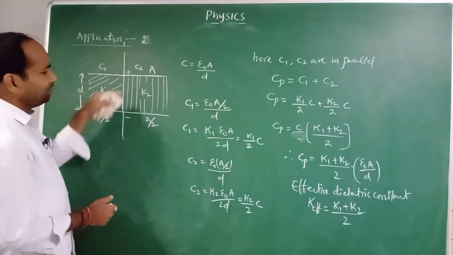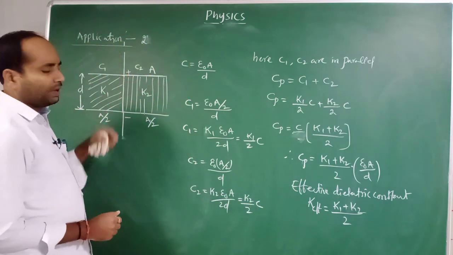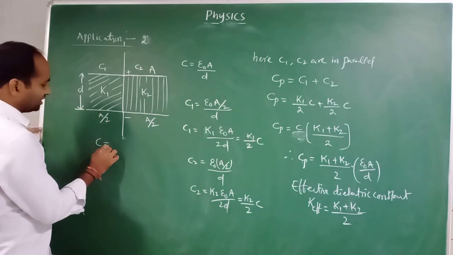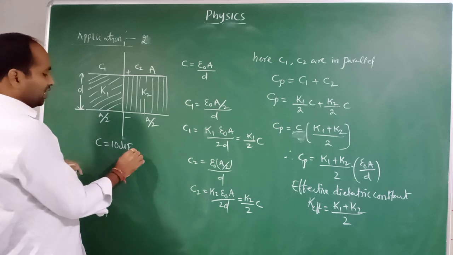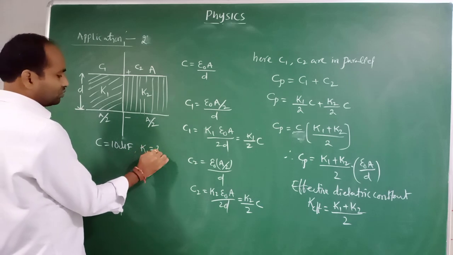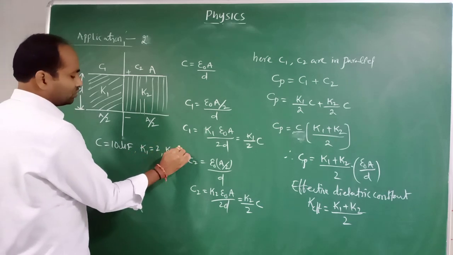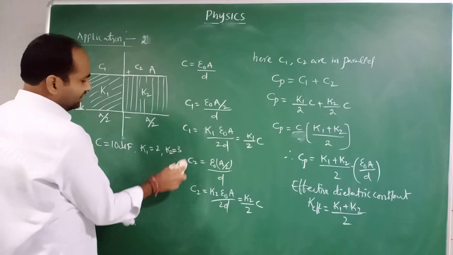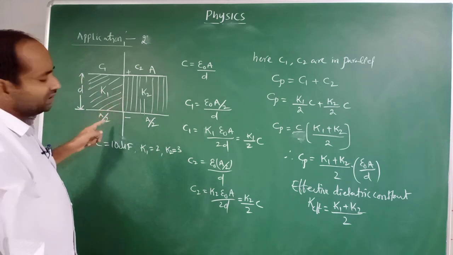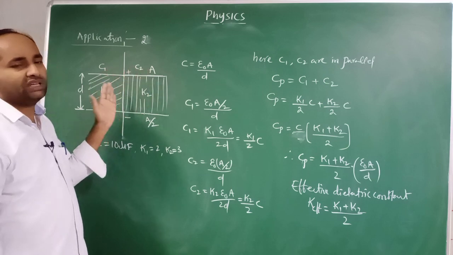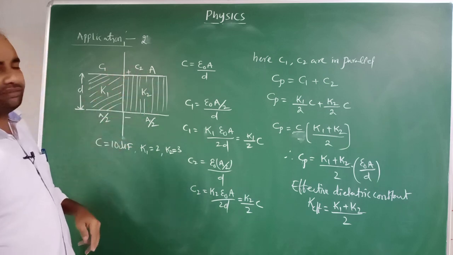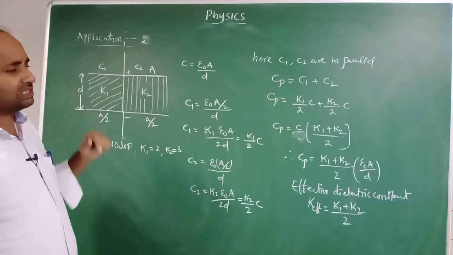When air is the medium between the plates of the parallel plate capacitor, C is again 10 microfarad. If two dielectric slabs of constants K1 equal to 2 and K2 equal to 3 are inserted between the plates of the capacitor such that the area becomes half of the initial, what should be the effective capacitance?